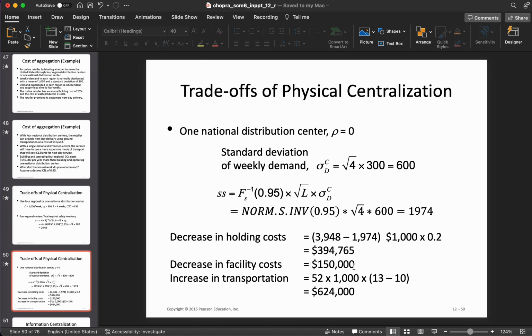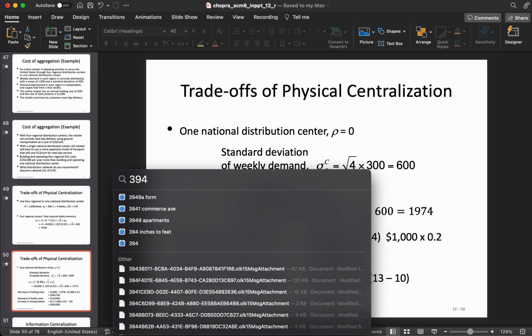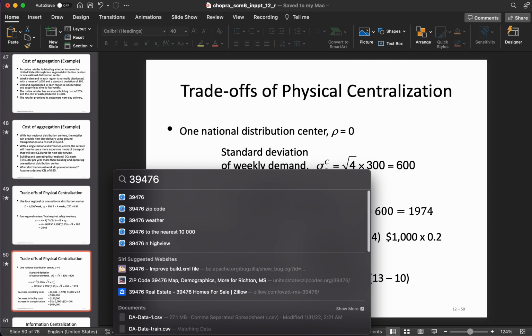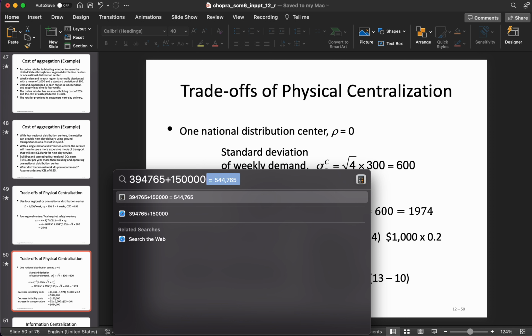You're paying $150,000 less because you're running a single facility rather than four facilities. So the total, I'm sorry, is 394,765 plus the $150,000, which will be $544,765. That is how much you're paying less for having a single national distribution center.